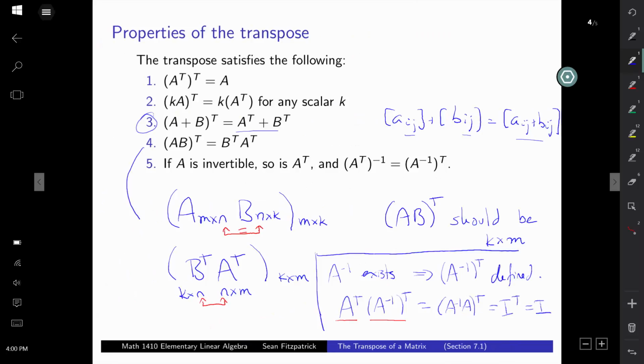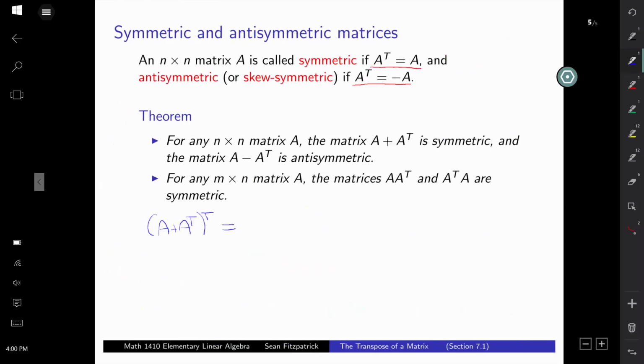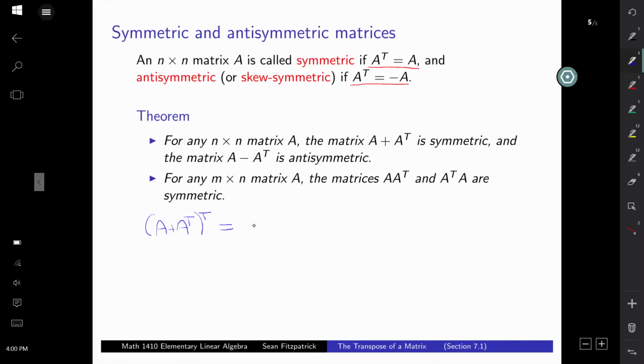One is the sum rule: I can distribute the transpose over the sum. The other is that taking the transpose twice gets me back to where I started. So using the sum rule, this is A transpose plus A transpose transpose. Then taking the transpose twice on the second one, I have A transpose plus A. And of course, order of addition doesn't matter, so this is A plus A transpose, and I'm back to where I started.